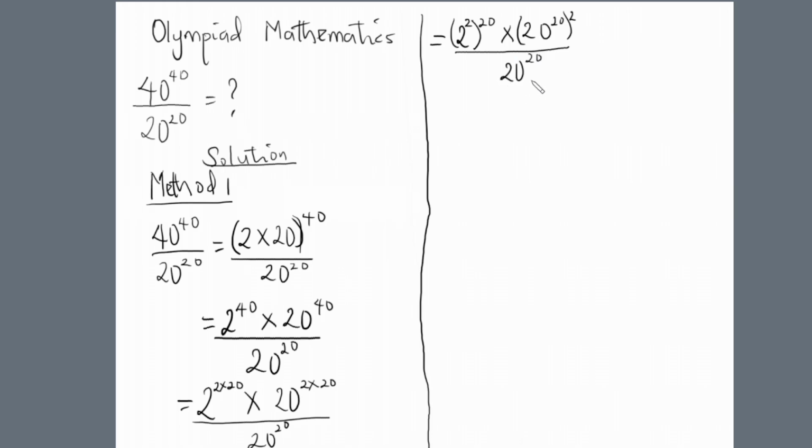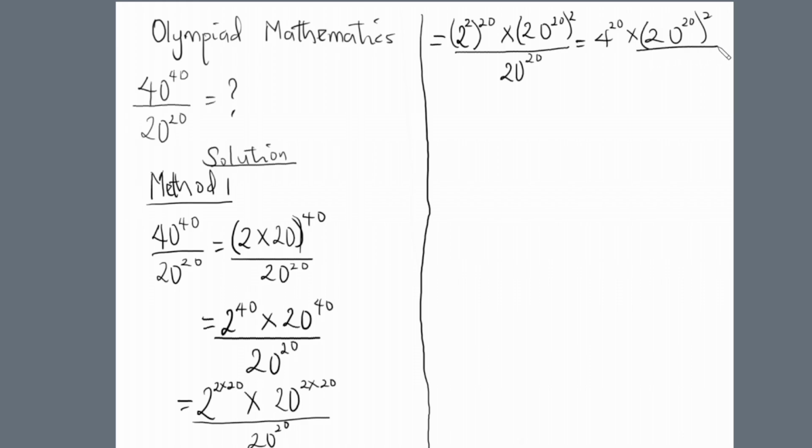If you look carefully, you discover that this 20 to the power of 20 and this are the same. So what I want to do is to divide the both of them. I can write this as 2 to the power of 2, which is 4 to the power of 20, and then times 20 to the power of 20 all squared.